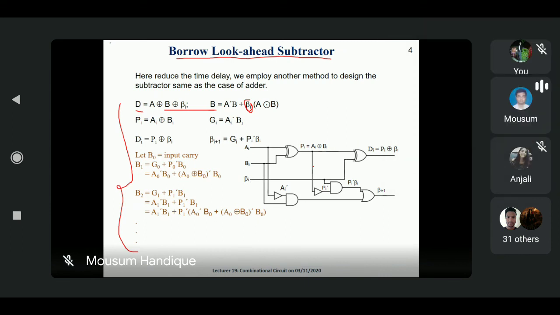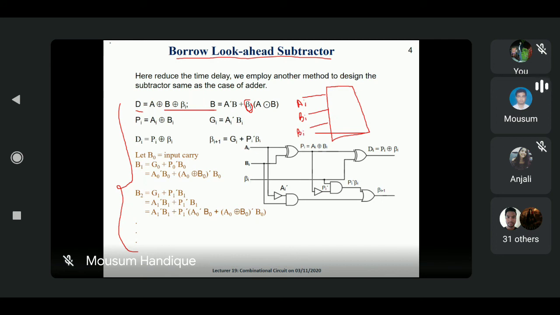Now see here, difference means what? How we are using the difference. You remember one particular diagram is there. So this one we are using as, suppose, AI, this one is BI, and suppose this one is beta I. And what happened here?